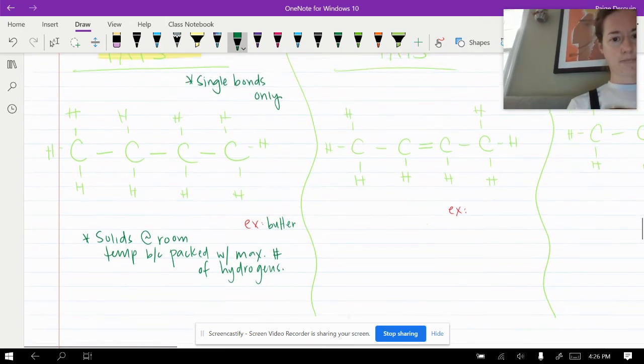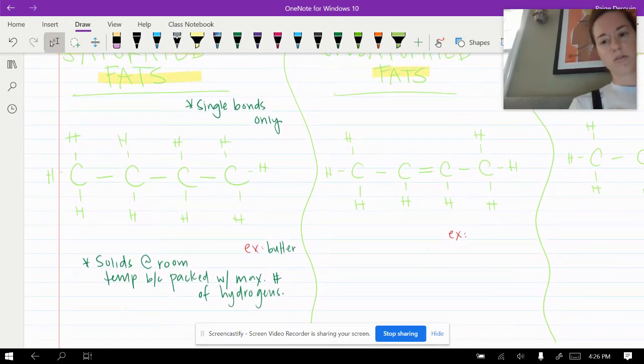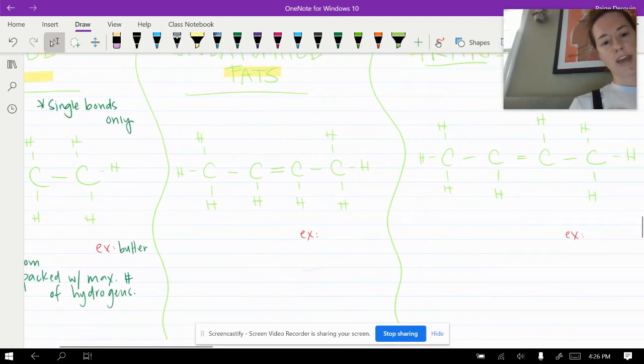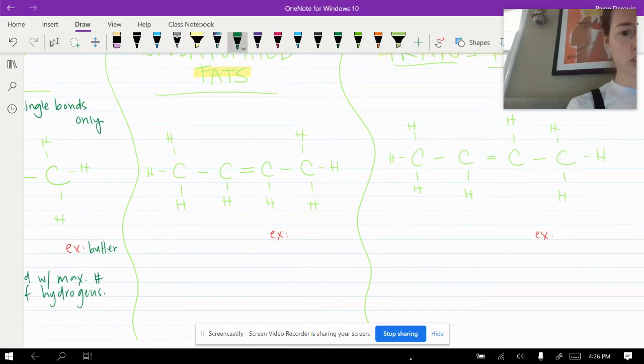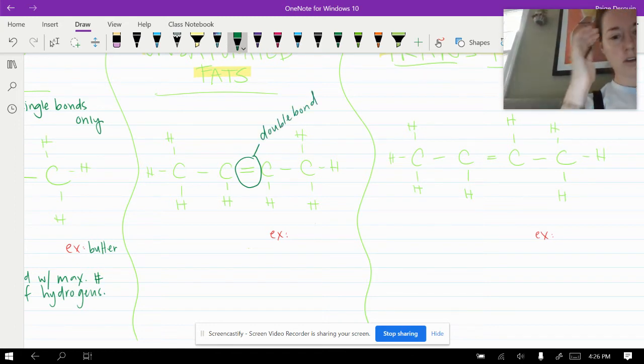All right. So unsaturated fats are a little different. They have a double bond. You can see right here, I've drawn a double bond. And what this creates is all of this space where there would have been hydrogens in the saturated version, but now there's not.